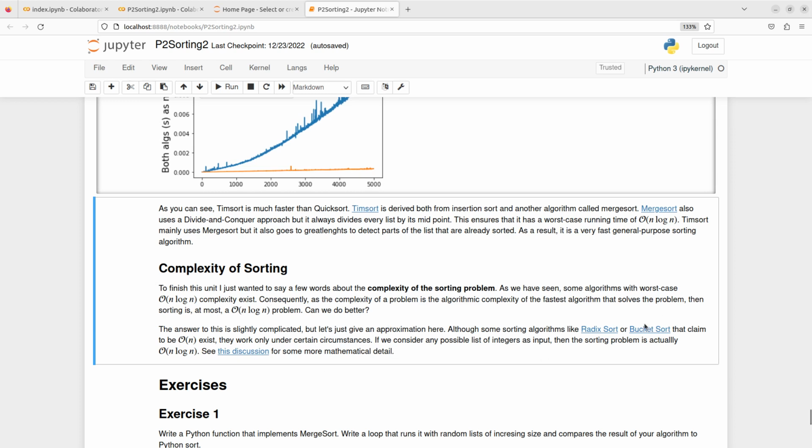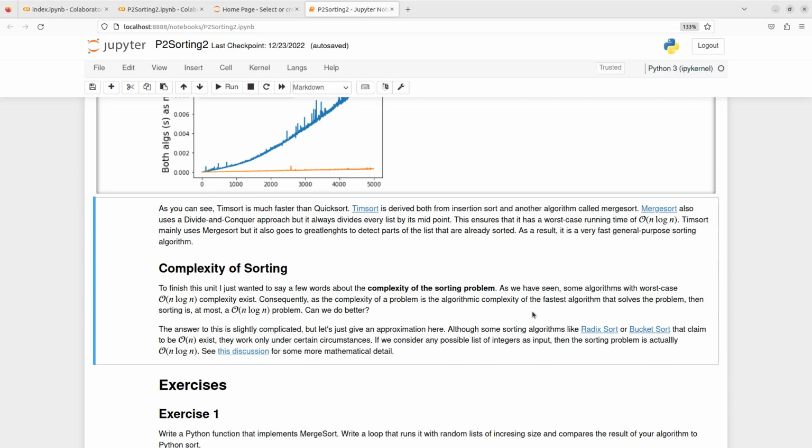For example, bucket sort relies heavily on using hash functions. Bucket sort is a very simple algorithm. You can check it out. And it relies on the fact that these hash functions, which, if you remember, are also the basis of dictionaries, are supposed to distribute the data evenly.